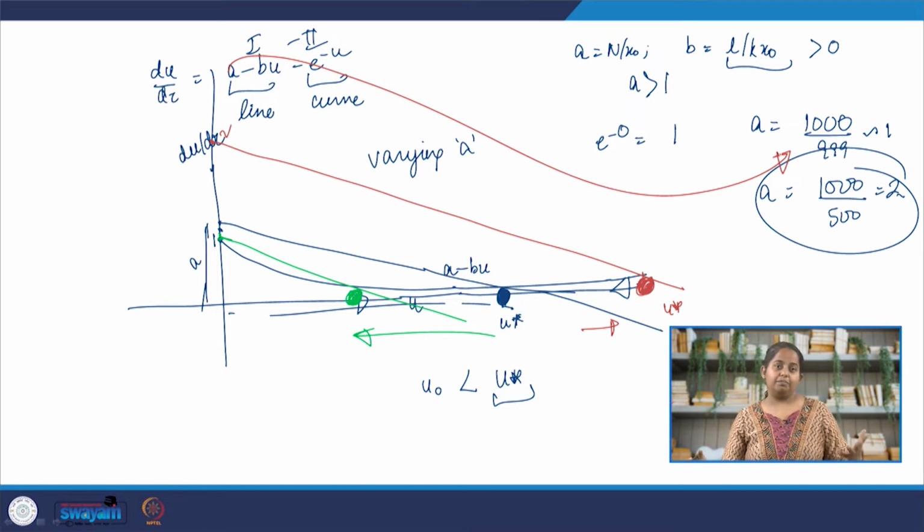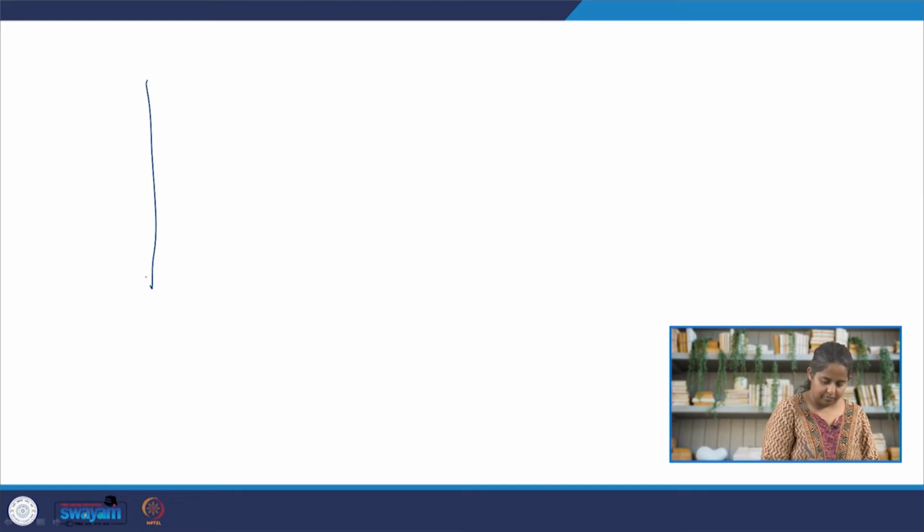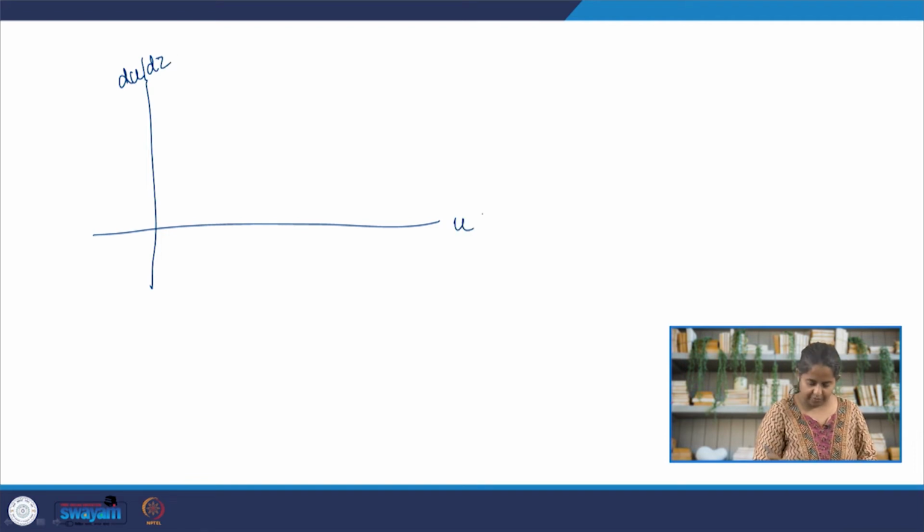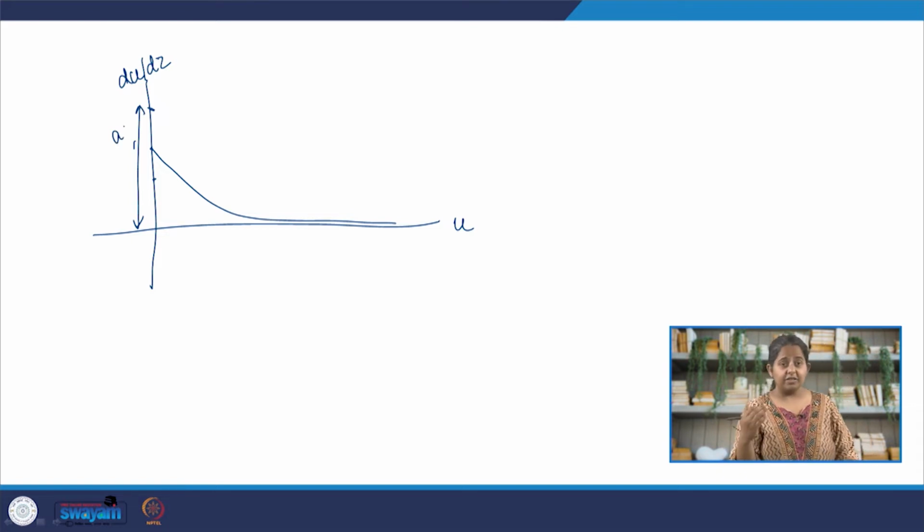Now let's vary B, let's keep A constant, and let's see what happens. And this is A. So let's make different lines, and B is always positive, so the line will always be downward facing.